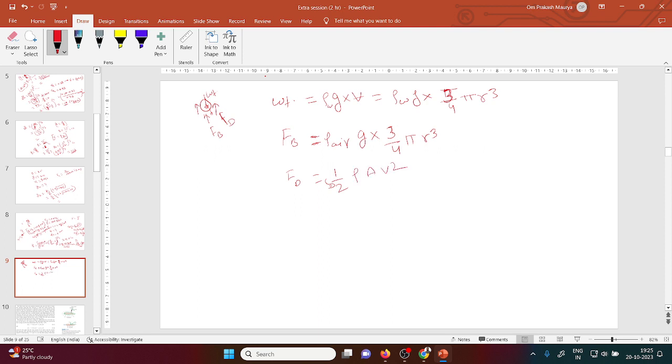So here the area is what? Pi r square. Let's say one raindrop is falling, then the drag force acts on the circumference, right? 2 pi r, or you can say pi d.